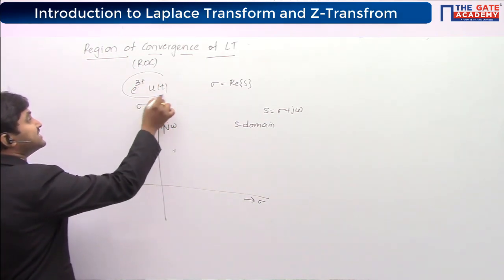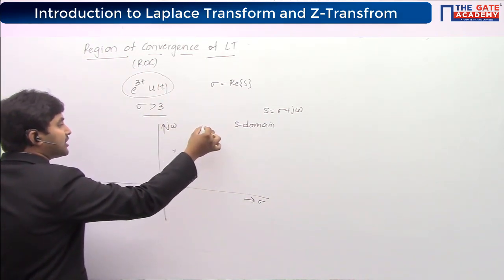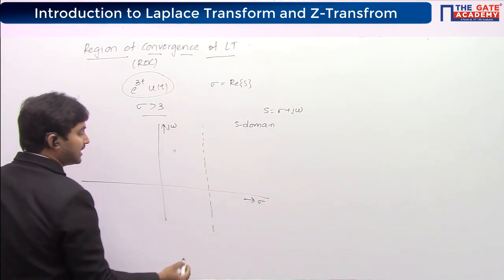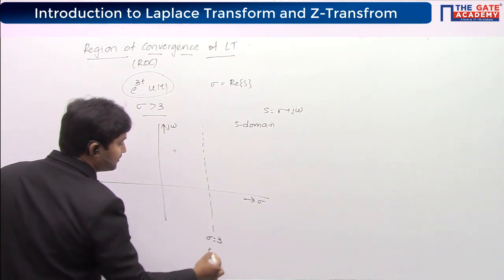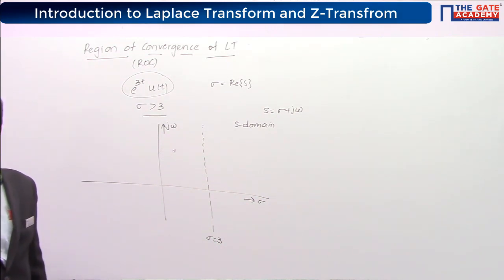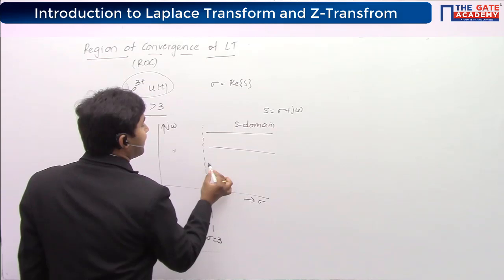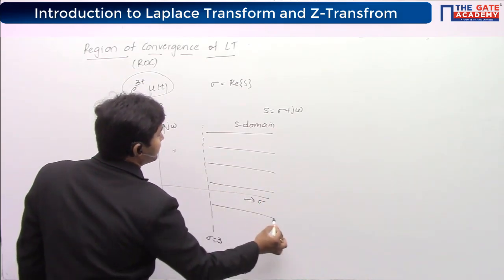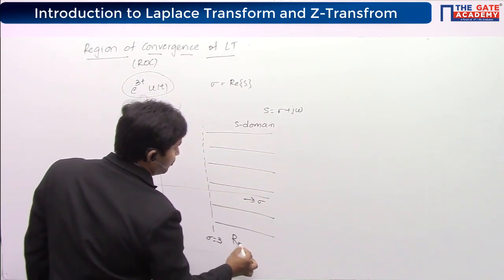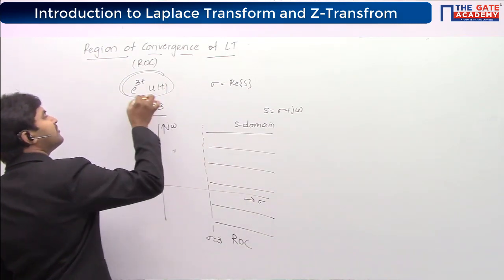For the previous case itself, let us say this particular line is sigma equal to 3. Any region which exceeds 3 will become the ROC of this particular function.